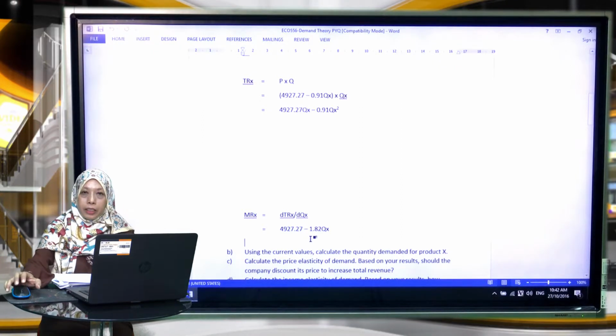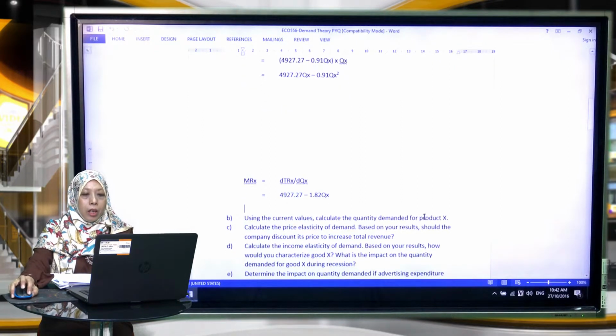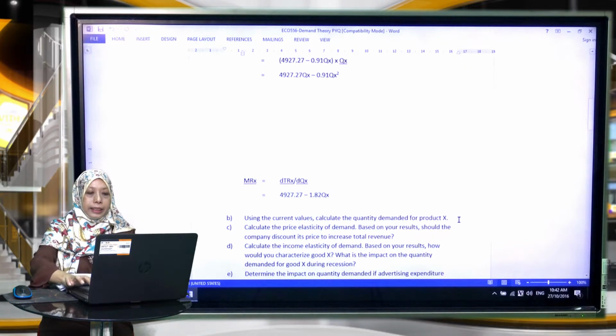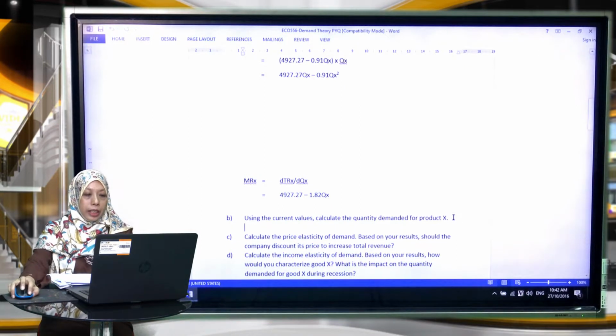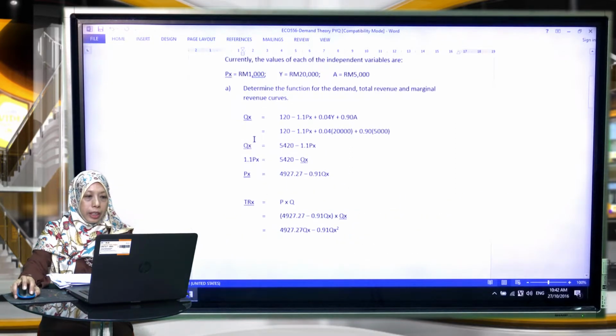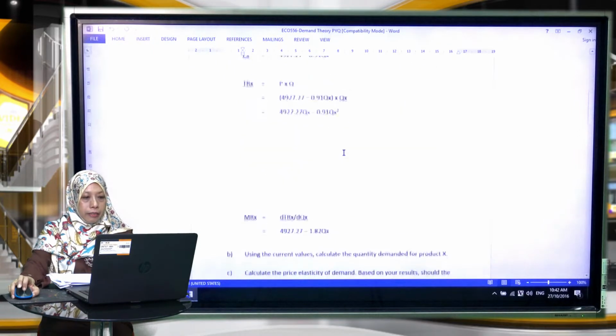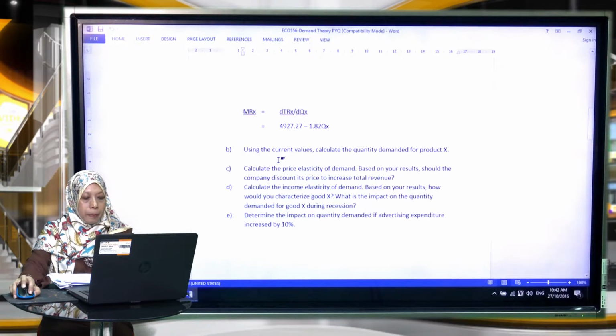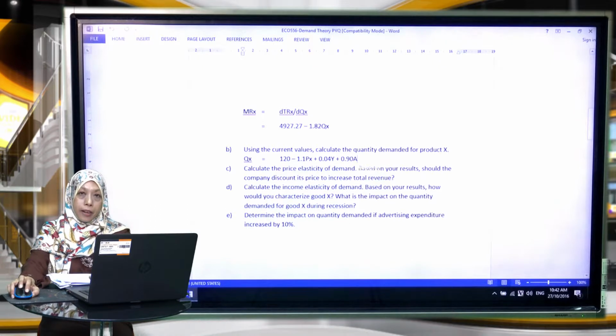Now what we want to do next is calculate the quantity demanded for product X. In other words, we want to find the value of Qx. Remember just now, Qx is given by this long function.